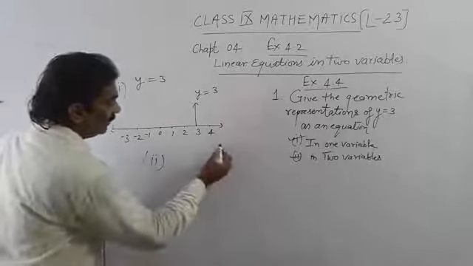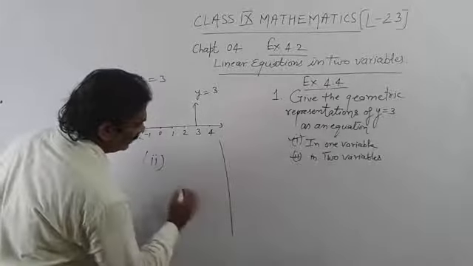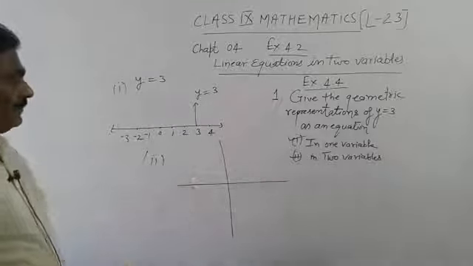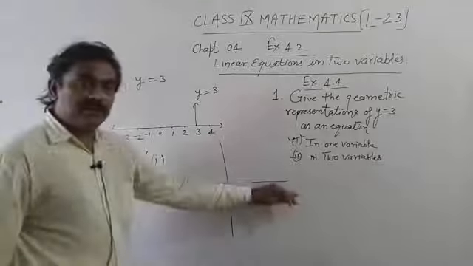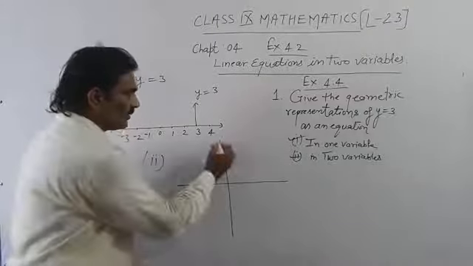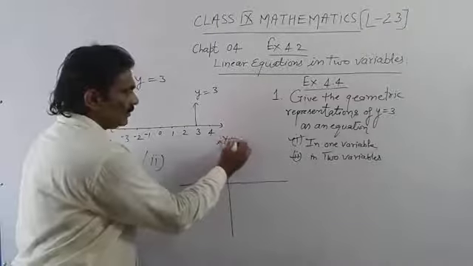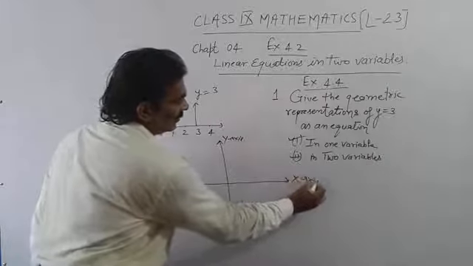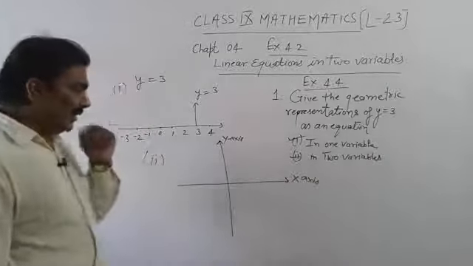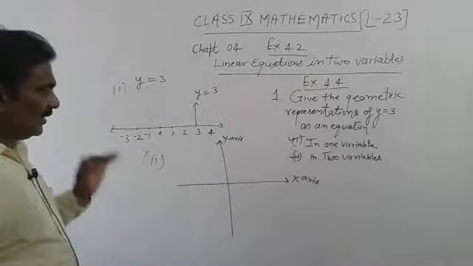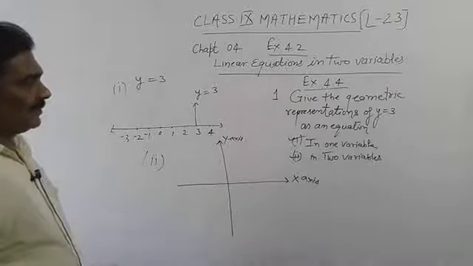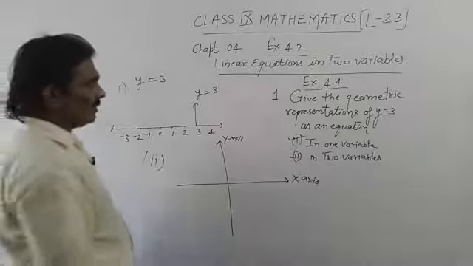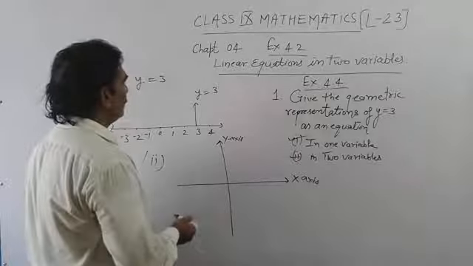For the second part we have to draw the Cartesian plane like that. A vertical line, the y-axis, and a horizontal line, the x-axis. Now on these axes we take two variables.